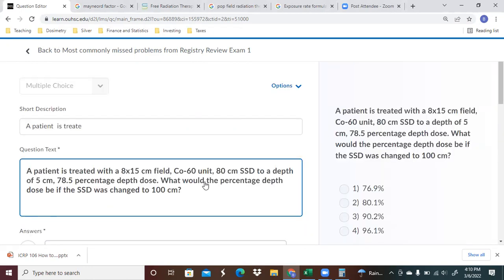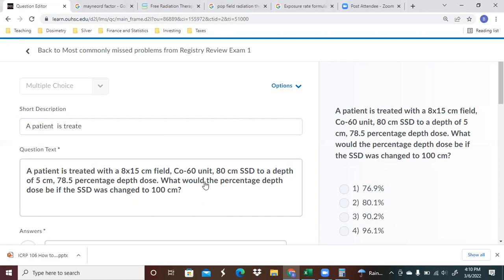Right, so the patient is treated with an 8 by 15 cm field, cobalt 60 unit, 80 cm SSD to a depth of 78.5 PDD. What is the percentage depth of dose, or what would it be if the SSD was changed to 100? This is a classic case of using the Maynard F factor.